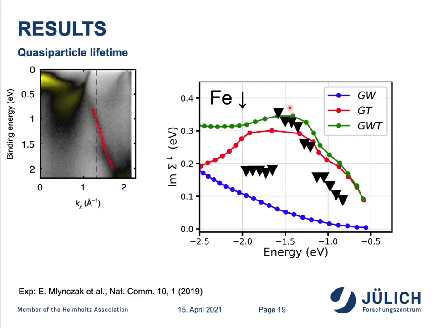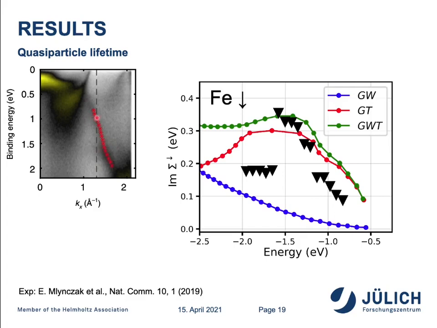As my final slide, since I mentioned so many times the agreement or disagreement in terms of the band broadening, I would like to show you an example with a quantitative analysis. I remind you that according to the definition of the spectral function, the imaginary part of the self-energy determines the quasi-particle peak broadening. High-resolution ARPES measurements could be used not only to extract the peak positions, but also the band widths.